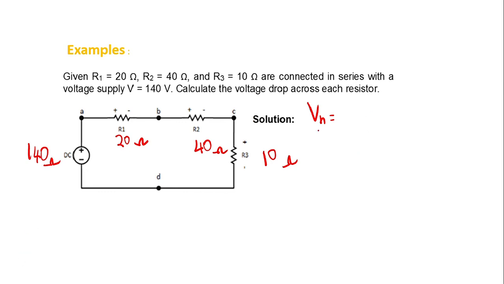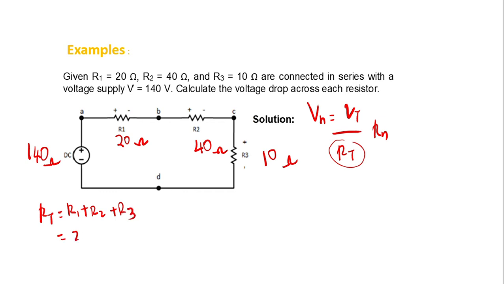Okay. So VN sama dengan VT over RT times RN. So VT awak dah tahu. R total ni awak kena kira. RN ni awak nak tengok each resistor kan. So kena kira satu-satu. 20, 40 and 10. For example, awak kena kira RT dulu. So in series, so R dia kena tambah je kan. R1 plus R2 plus dengan R3.